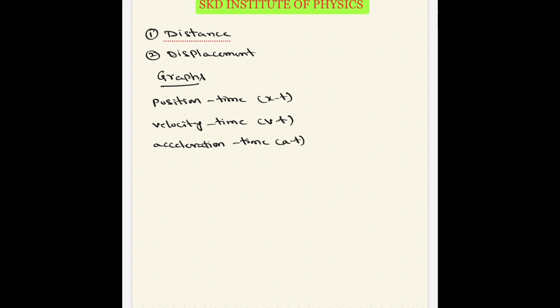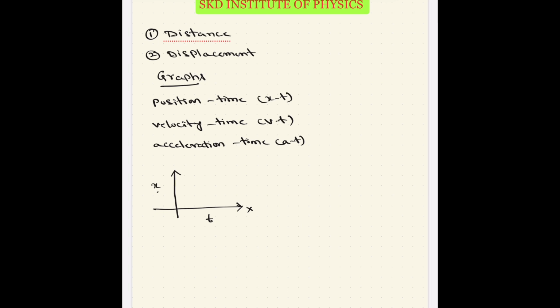See here, while we are discussing graphs, you must know two important points. On the x-axis and the y-axis, suppose you take the position-time graph: on the x-axis we should always take the independent variable. Remember, time is an independent variable, meaning time does not depend upon any other factors.